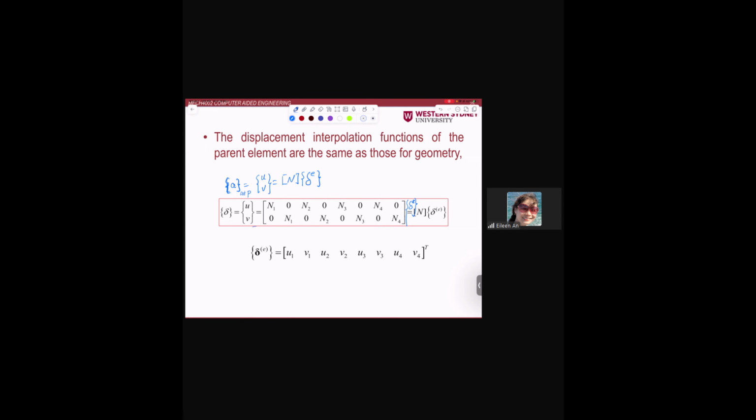So the displacements u and v are the displacements in the x direction and y direction. So how do we calculate the displacement in the global coordinate system using the coordinates in its local coordinate system?